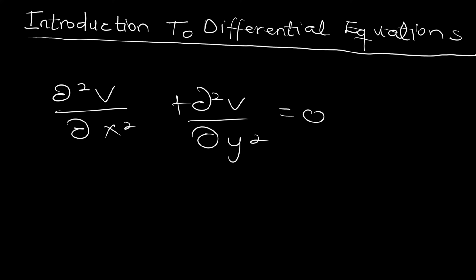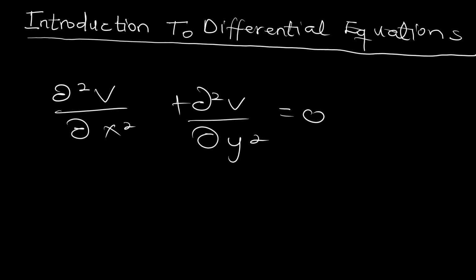The dependent variable in this case is going to be v, and the independent variables are going to be x and y, because here we took the partial derivative of v with respect to x, and here we took the partial derivative of v with respect to y.